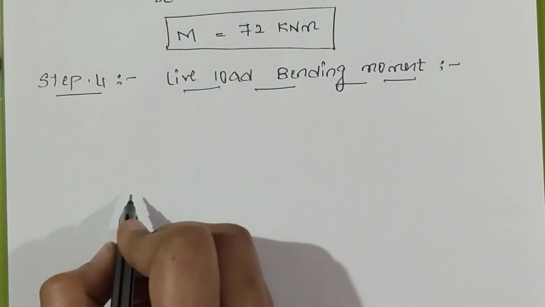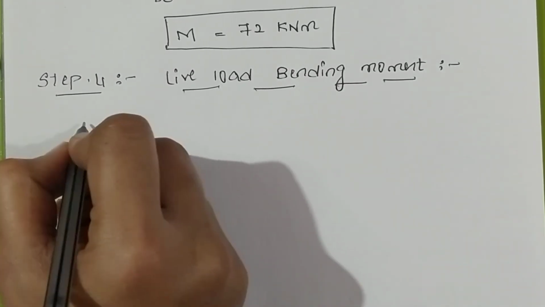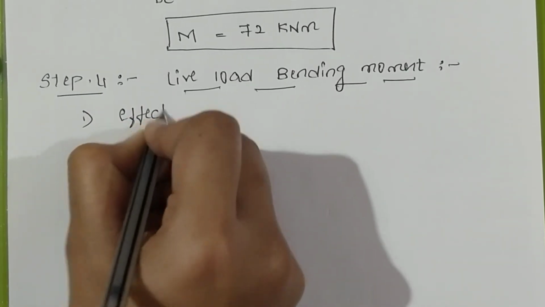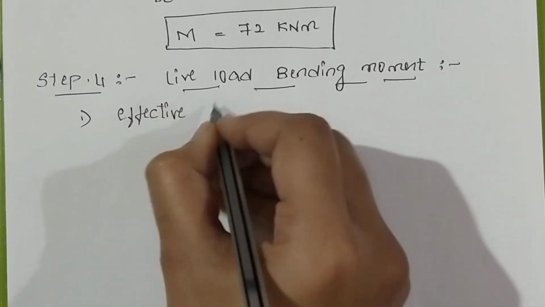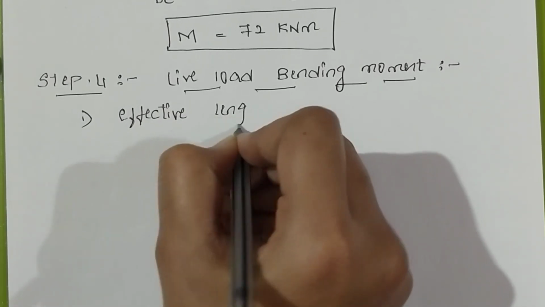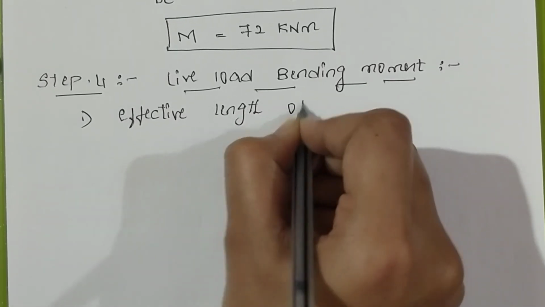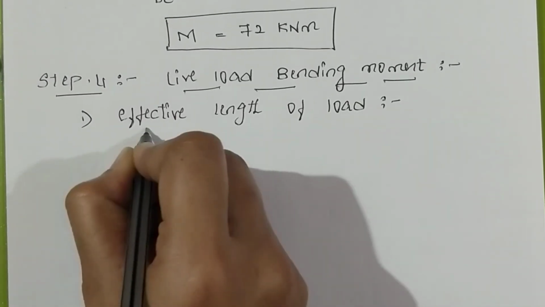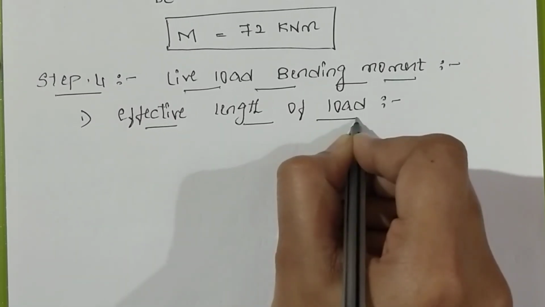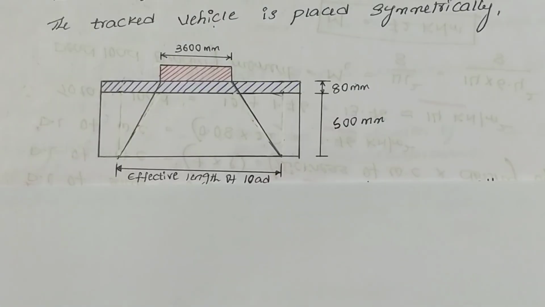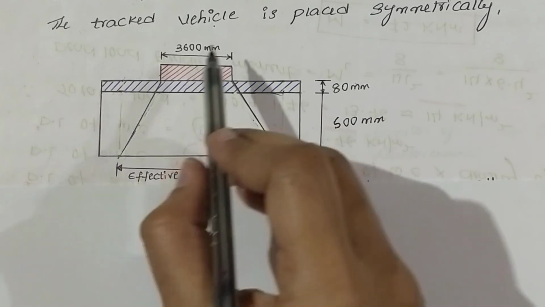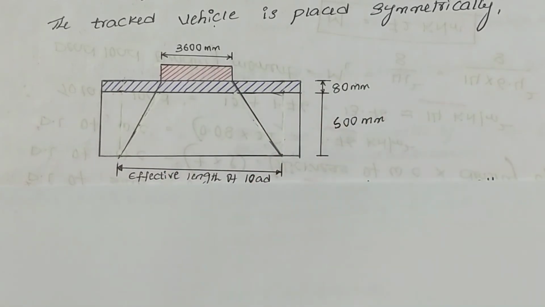Okay, in order to calculate that live load bending moment, the first step you need to calculate is effective length of the load. To calculate effective length of the load, the tracked vehicle is placed symmetrically.